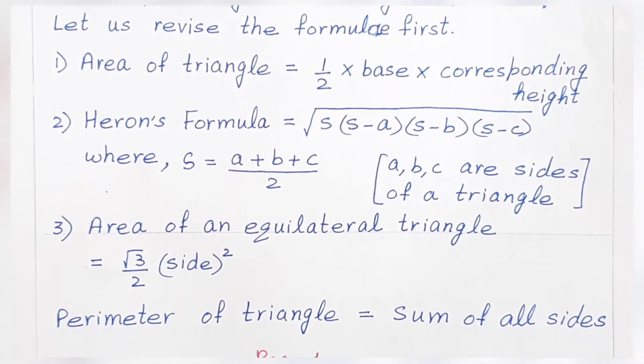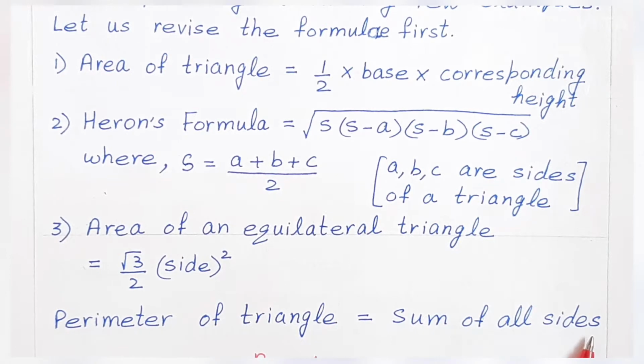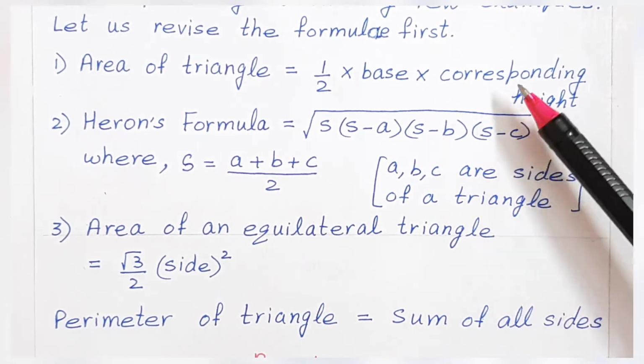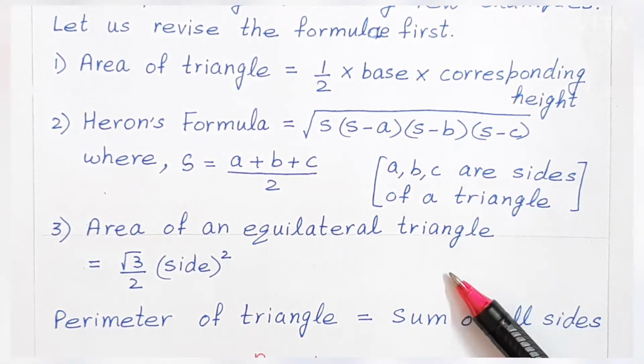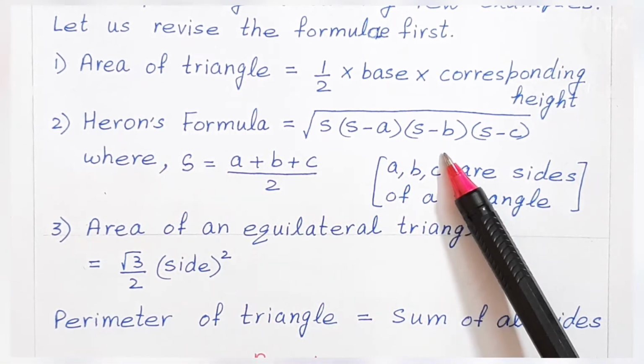Now students, you know that perimeter of any kind of triangle is sum of all its three sides. Clear? So, perimeter will remain same for any triangle, but accordingly we'll apply the formula. If all the three sides are given, then we can apply Heron's formula.